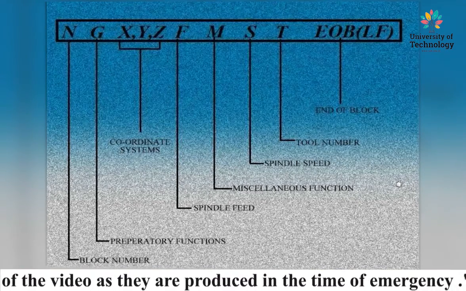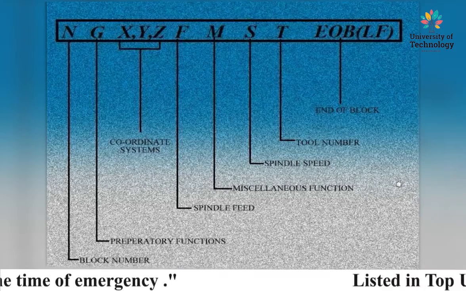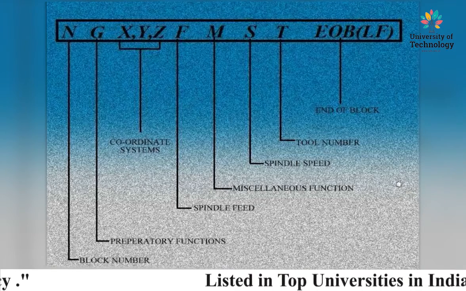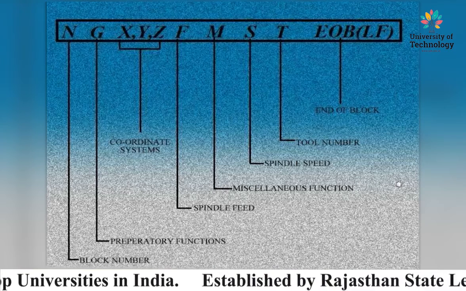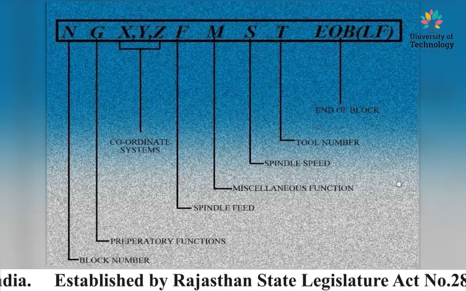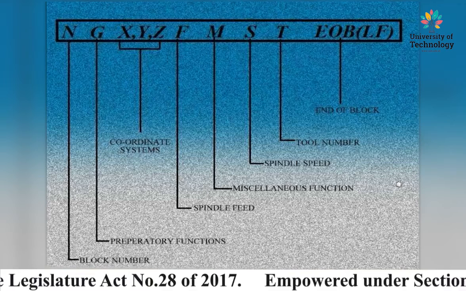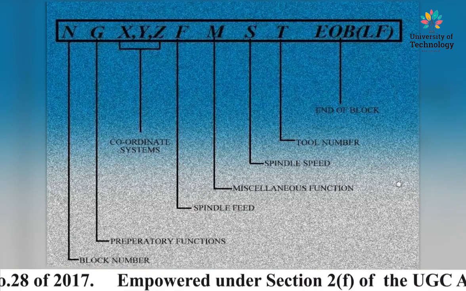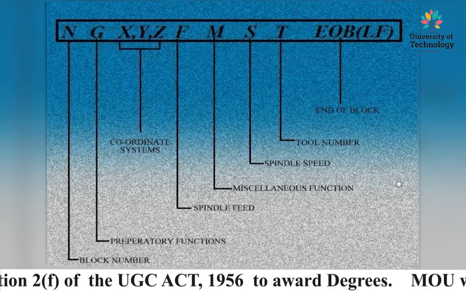The second letter here is G, the preparatory functions, meaning all the G and M codes as per the required operations. XYZ are the coordinate systems in NC and CNC, and capital F is the feed rate.